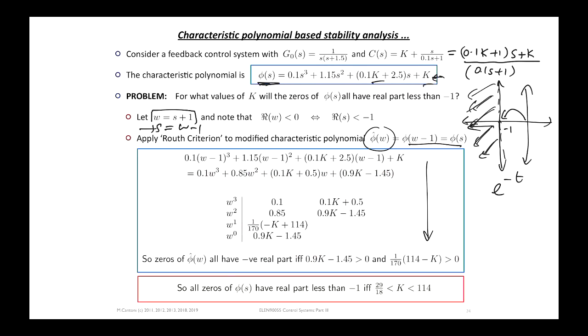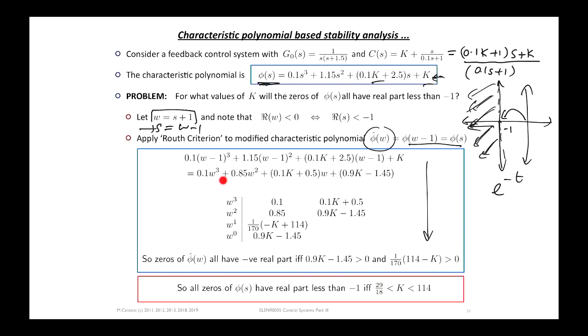The Routh stability criterion says, well, if all of these have the same sign, okay, then the zeros of this polynomial in the W plane will all have negative real part. There's the W plane. So if all of these have the same sign, the zeros of this polynomial all lie to here, right?